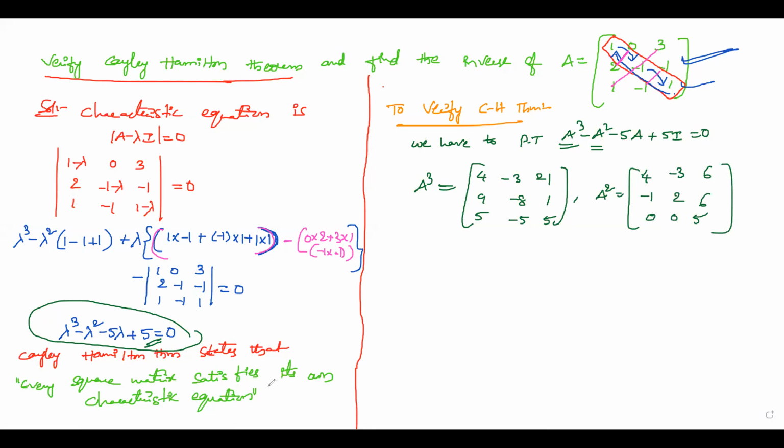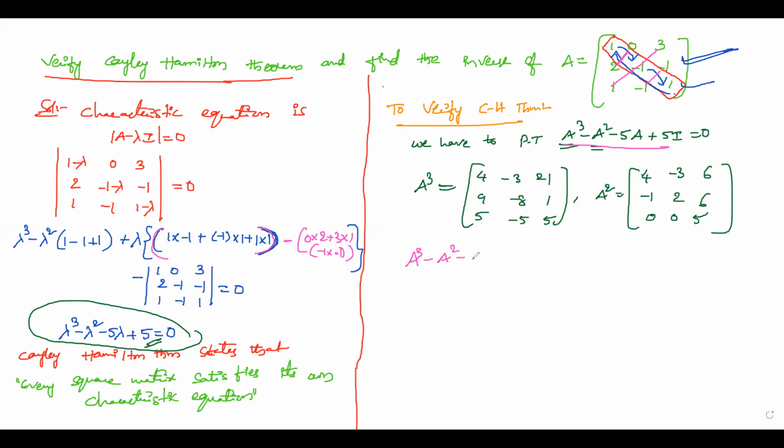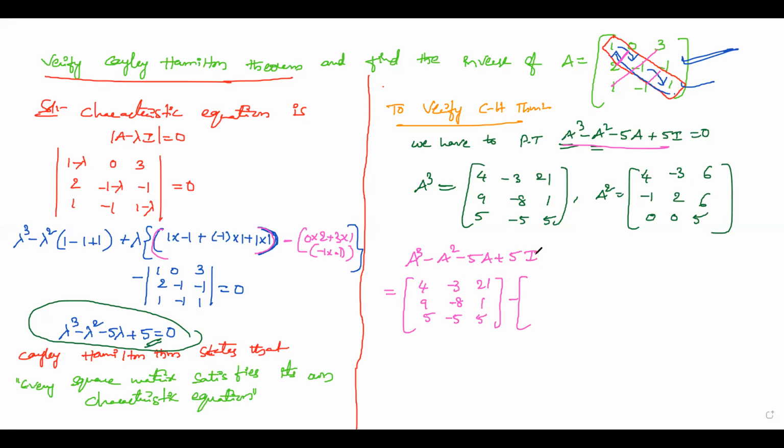Okay, so for the verification, first we need to write the polynomial. So that is A cube minus A square minus 5A plus 5I. We have to prove that this is equal to 0. So A cube is 4, -3, 21; 9, -8, 1; 5, -5, 5. Minus A square, that is 4, -3, 6; -1, 2, 6; 0, 0, 5.